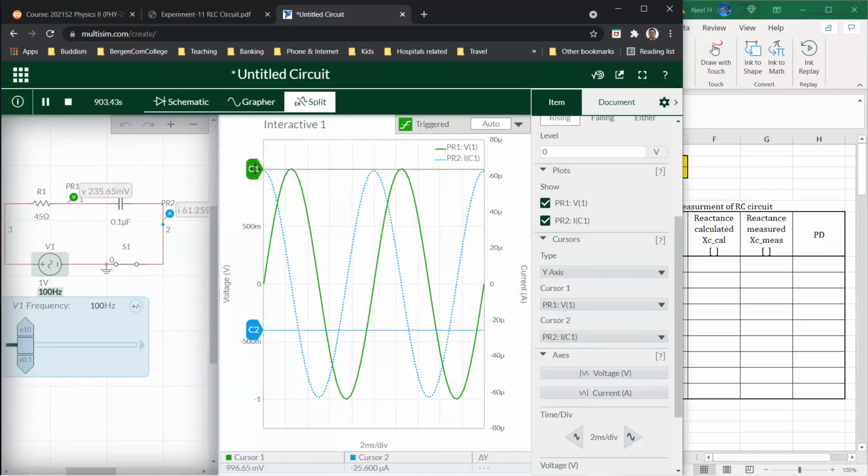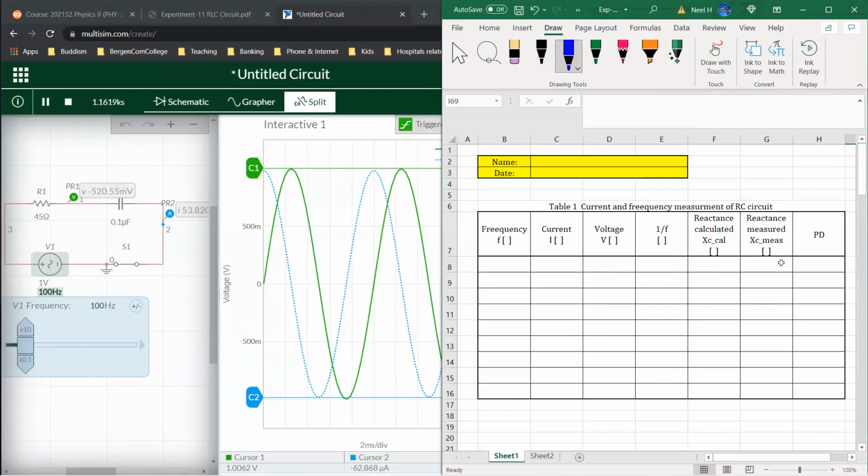If I put the green one here, we know that should be about 1 volt. And if I put the current one here, the maximum at this point should be about 62.8 microamps. By knowing those two, I should be able to get the reactance. That number should be exactly the number we calculate from 1 over 2 pi fc. That's what we're actually checking.